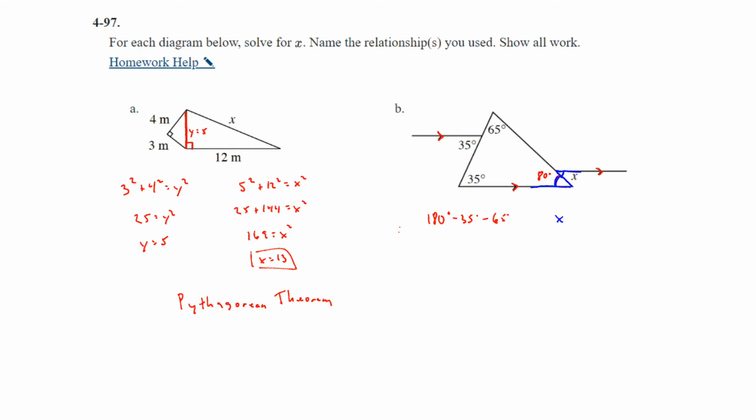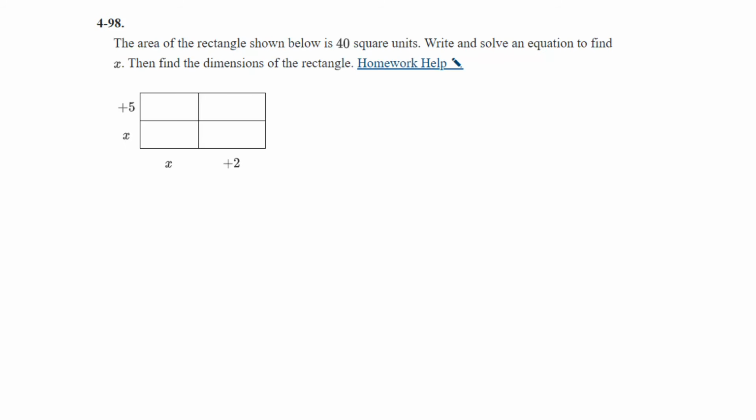And if that's the case, then it looks like we have solved for x because it would represent the 80 degrees. So we use the triangle angle sum theorem, and then here we used alternate interior angles knowing that they were congruent. So x is equal to 80 degrees.